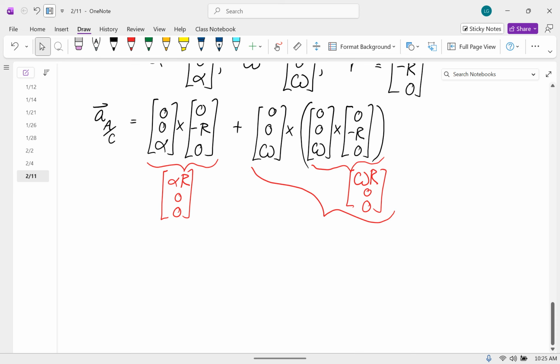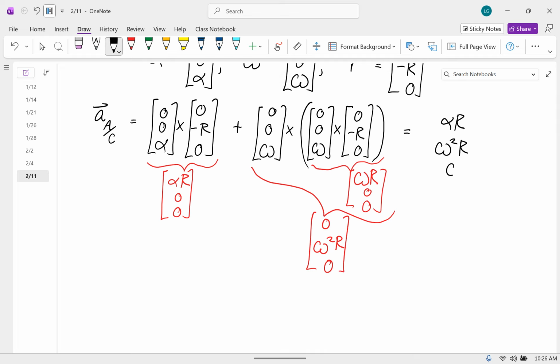And now we'll do this one, and we get 0, positive omega squared r, 0. And so our acceleration vector is positive alpha r, positive omega squared r, 0.